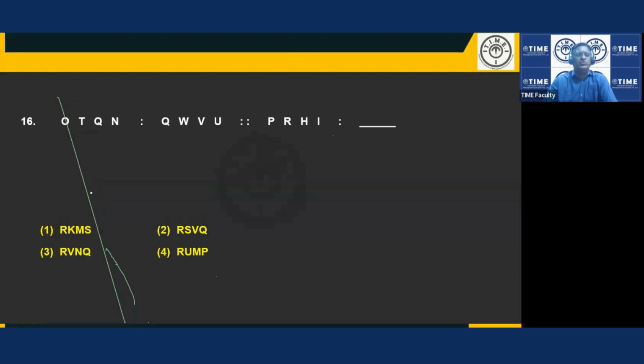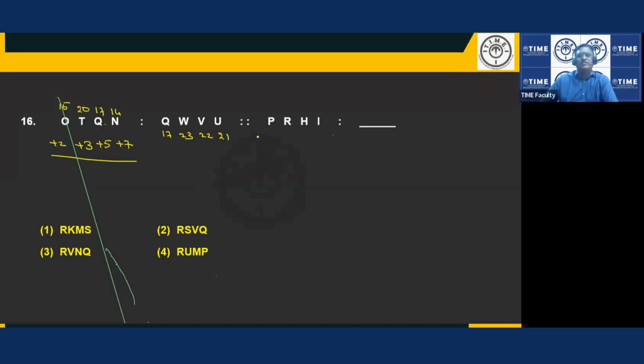16th, OTQN is related to QWYU, then PRHI. See here the values: O15, T20, Q17, N14, Q17, W23, Y25, U21. Then find the logic. First letters 15 to 17 plus 2, 20 to 23 plus 3, 17 to 22 plus 5, 14 to 21 plus 7. Plus 2, plus 3, plus 5, plus 7.